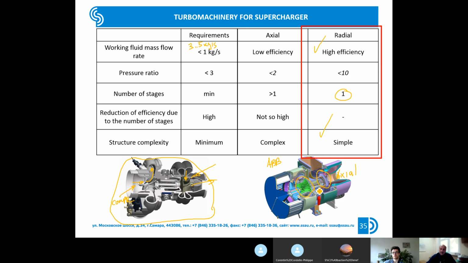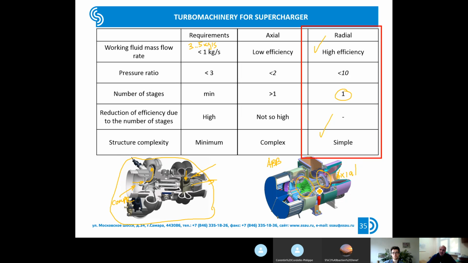Okay, guys. At the next part of this chapter, I am going to discuss the different areas of application of the turbomachinery. I want to show you that turbomachinery has a very wide area of application, and that you could use the knowledge which I am going to give you in very different areas.